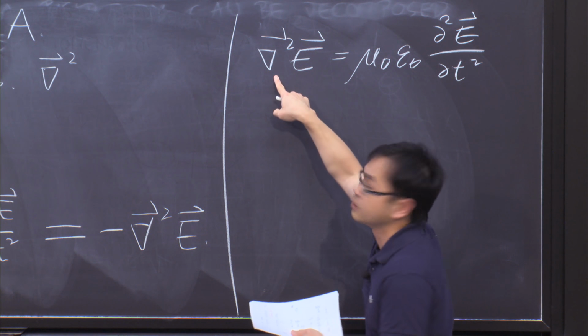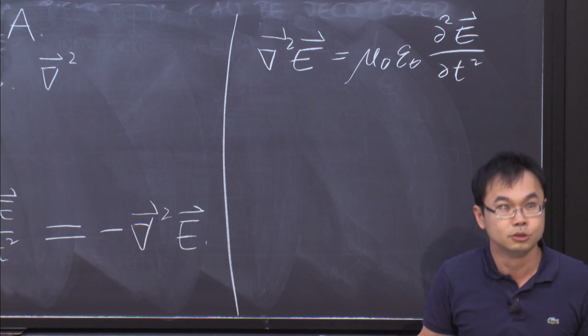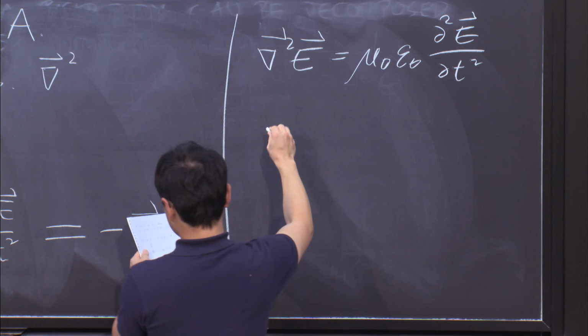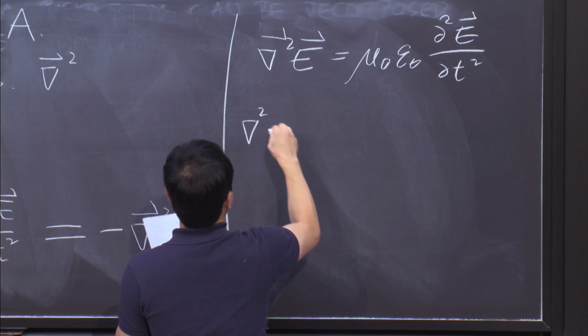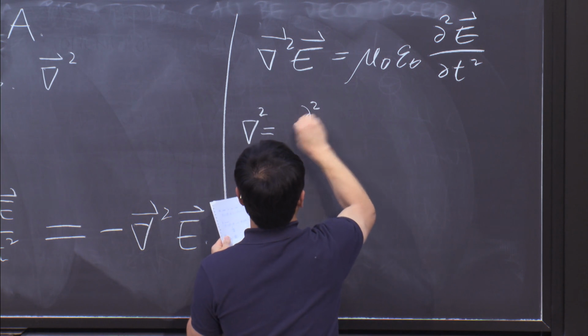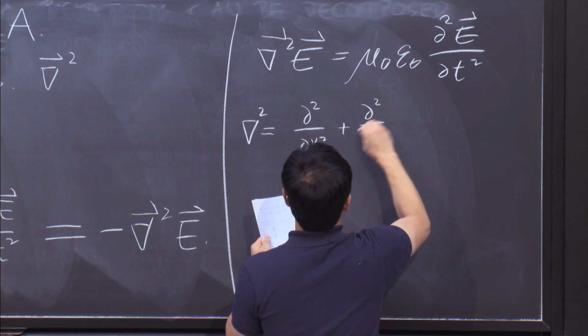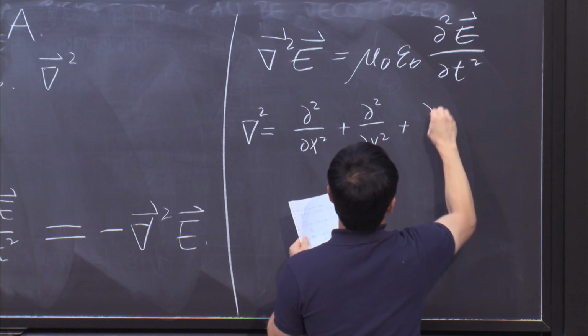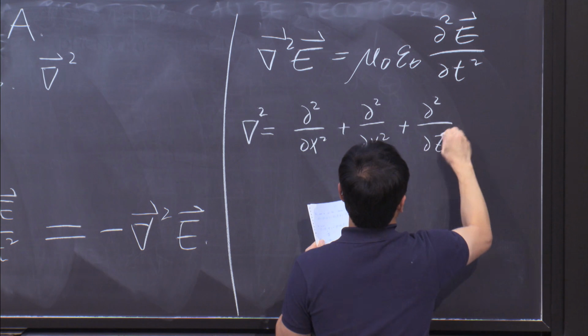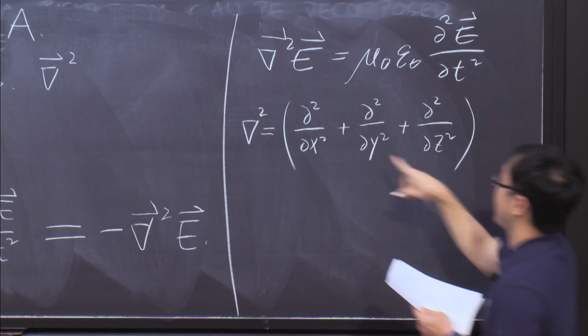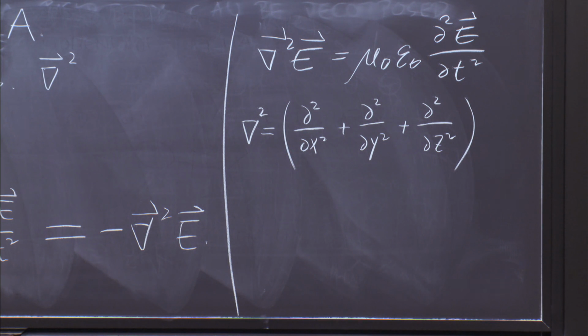This time, you have this del square. Very strange, right? So what is this? Del square is partial square partial x squared plus partial square partial y squared plus partial square partial z squared. It's an operator which has three components.